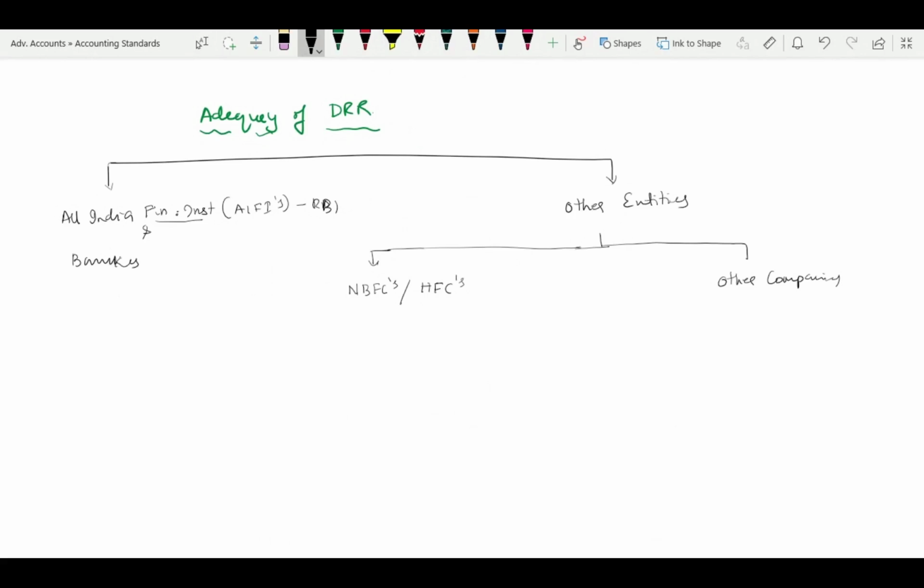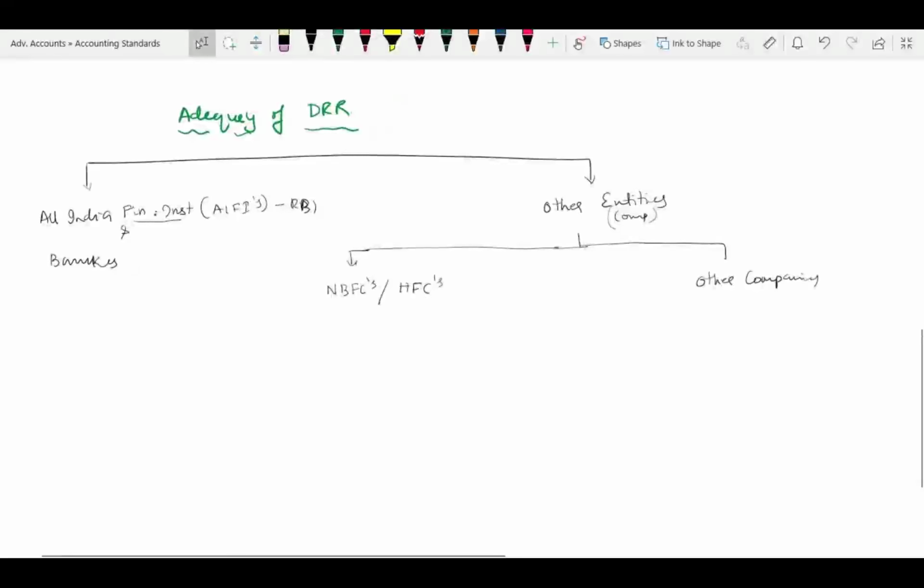Sir, why are you using other companies? Here also other entities means companies only, my dear friends, because debentures can be issued only by companies, only by corporates. So here entities can be replaced with company.